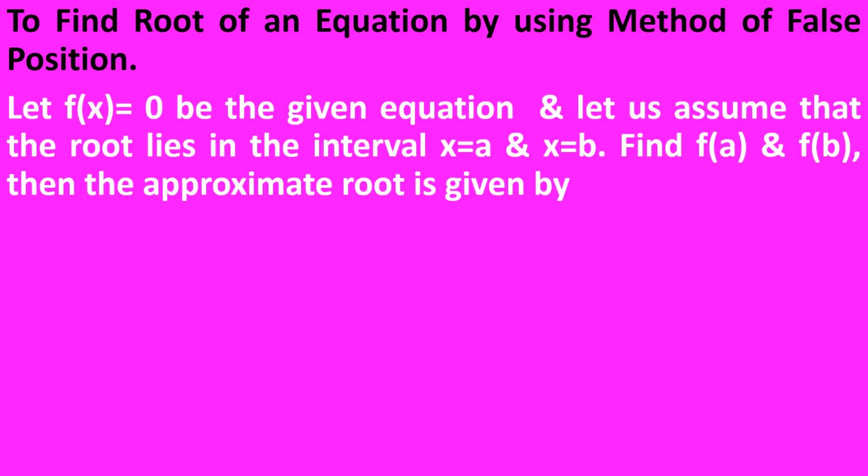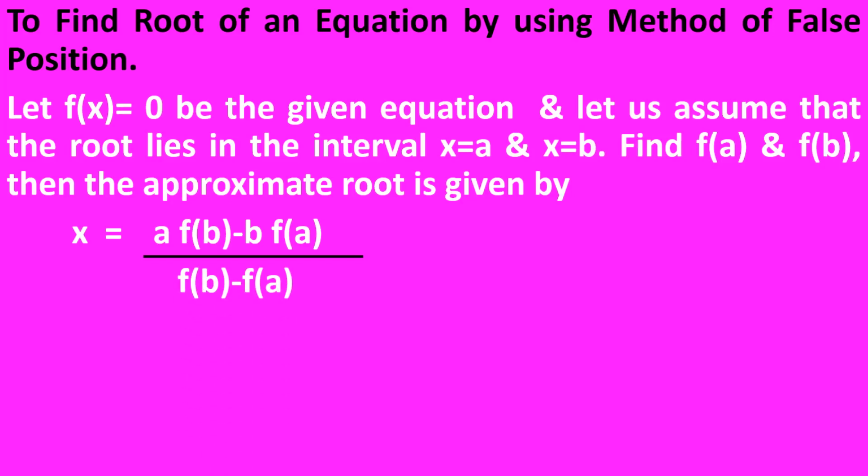Then the approximate root is given by the formula x is equal to a into f of b minus b into f of a divided by f of b minus f of a. This is the formula to find the root of an equation by using the method of false position.